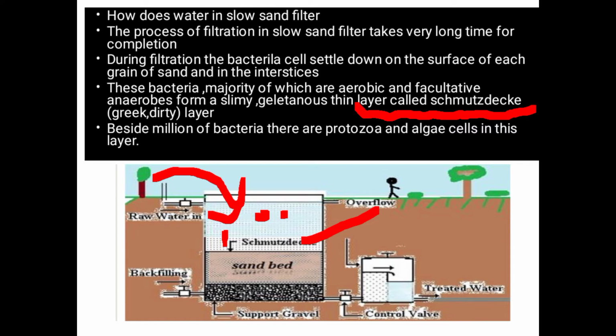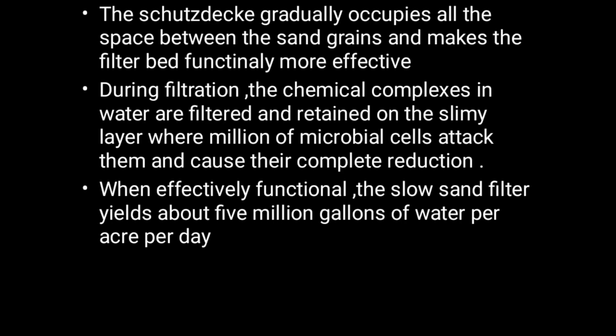Now, actually, this Schmutzdecke layer contains bacteria, and besides bacteria, it has algae and protozoal cells. Now, the Schmutzdecke layer occupies all the space between the sand grains.